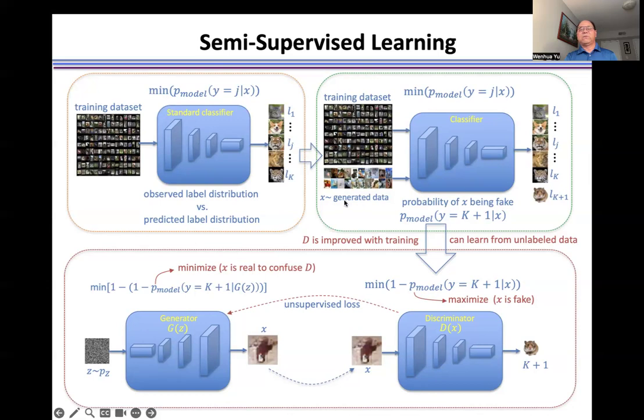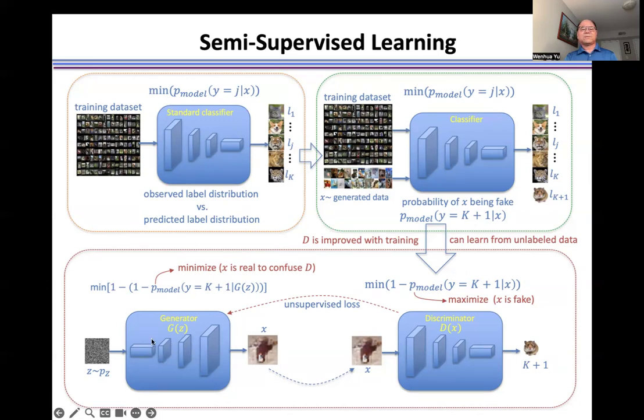If we know the label for a sample is one of the classes from L1 to Lk, we can use the conditional probability of k plus 1 to predict the probability of X being fake. And then we use this model to train the GAN models using unsupervised learning.